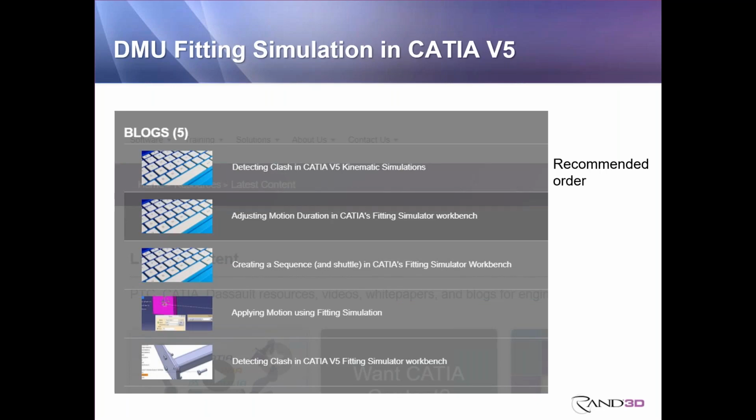And I've placed my recommended watching order over here to the right side. So the first thing that I would recommend for you guys to read is the blog Applying Motion Using Fitting Simulation. And that's going to cover how to make a track and all the ins and outs of track creation.